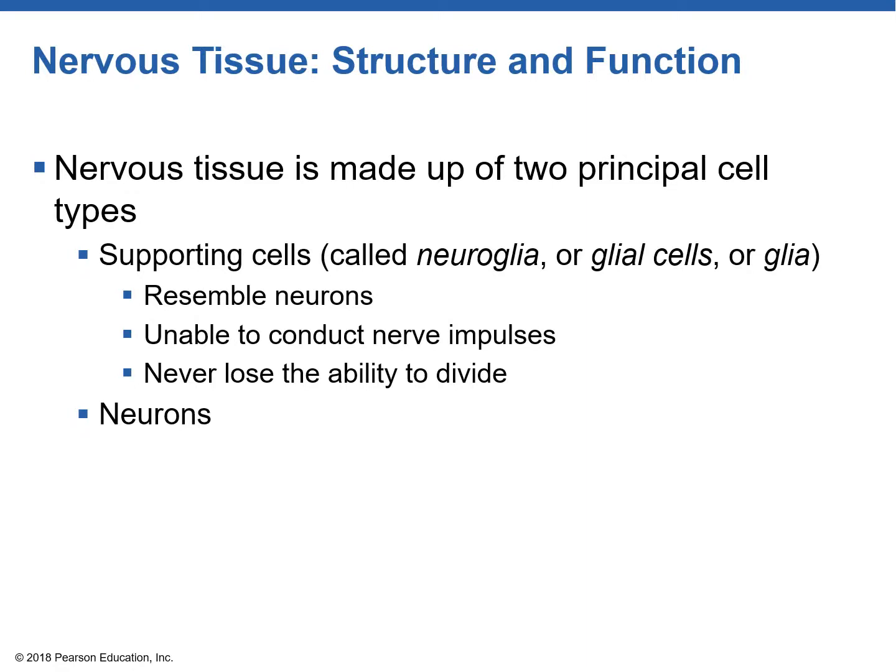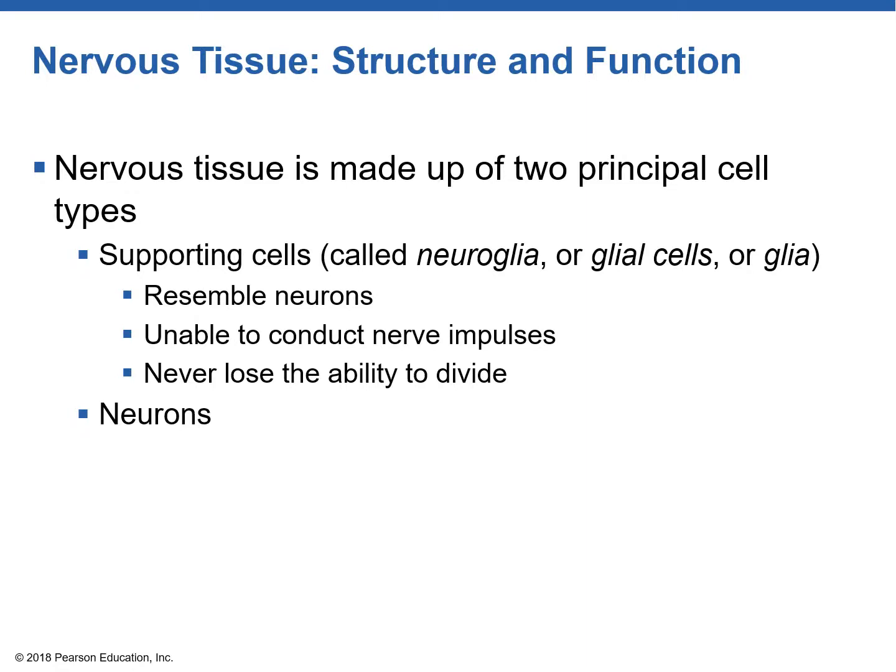So they form some structural frameworks, they form part of the blood-brain barrier, for example. They help in terms of immune response within nervous tissue. They produce cerebrospinal fluid in some cases. So they're not able to conduct nerve impulses, but they are going to serve a number of different purposes that are essential for this tissue.